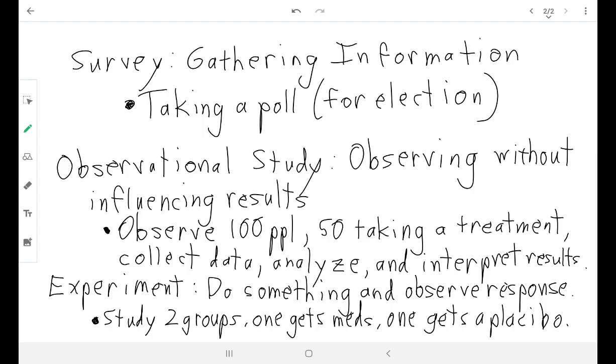And for 50 of those people, I actually give them the pill. And for another 50, I give them a fake pill that I know does nothing, just like a sugar pill. And then I see whether or not the people taking the actual pill have less migraines than the people taking the placebo. I misspelled placebo here. It's actually with an E. Sorry about that.